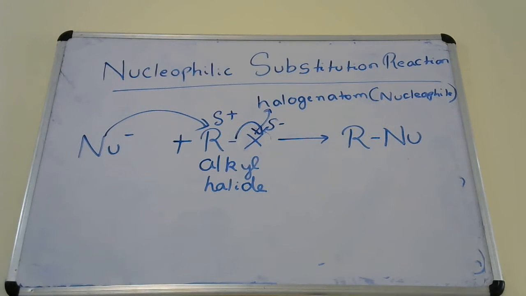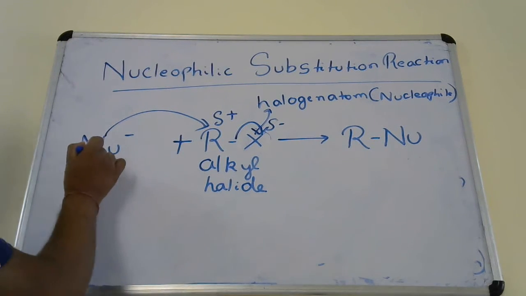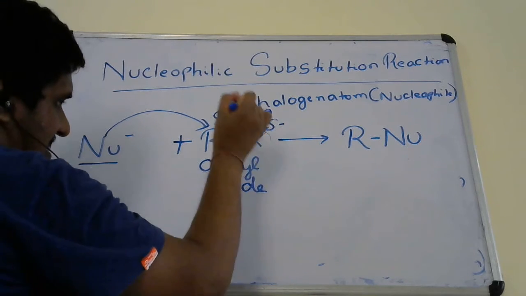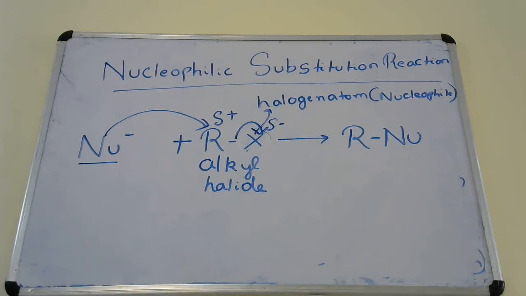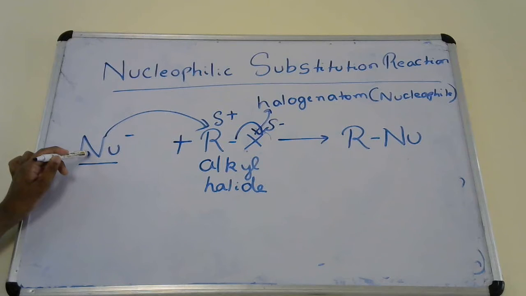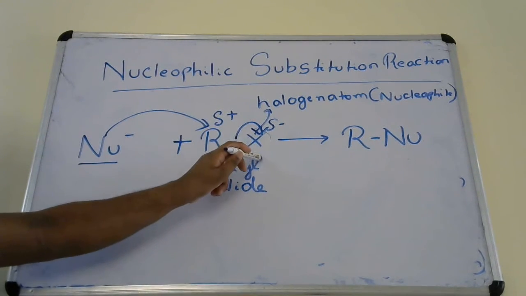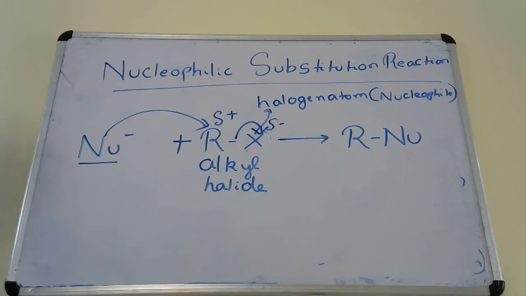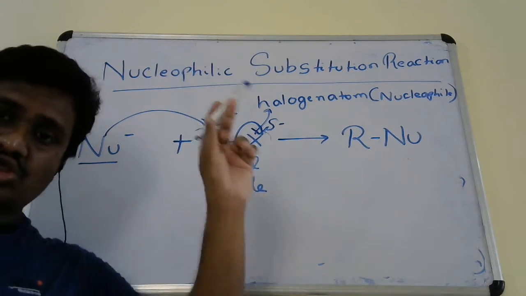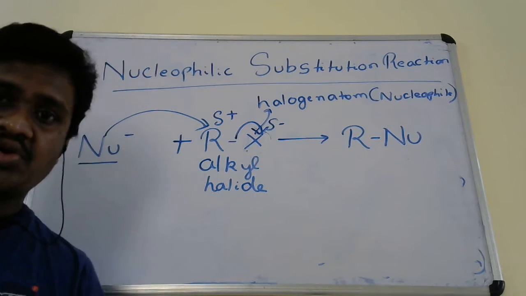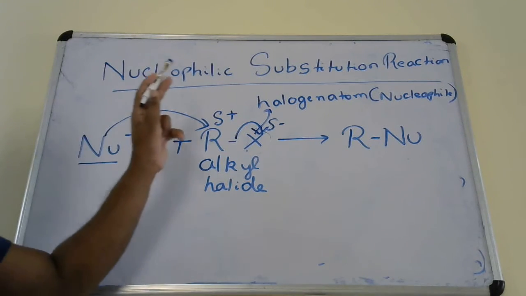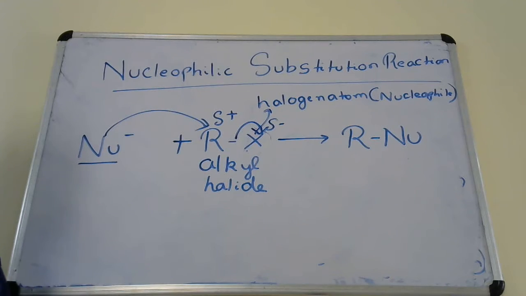So what do you find? One nucleophile is replacing another nucleophile. This is our external nucleophile, and this X is the nucleophile, the halogen atom present in the alkyl halide. Just now I told you this halogen is also a nucleophile. So one nucleophile is replacing another nucleophile.